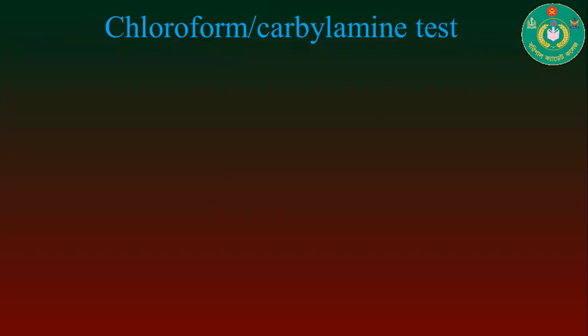Now the chloroform or carbylamine test, and by this test we can also identify amine compounds, especially primary amine compounds. First of all, this is a primary aromatic amine compound. This is aniline.